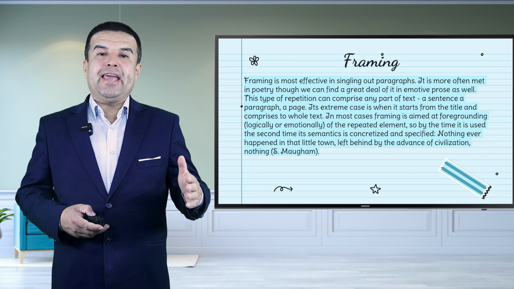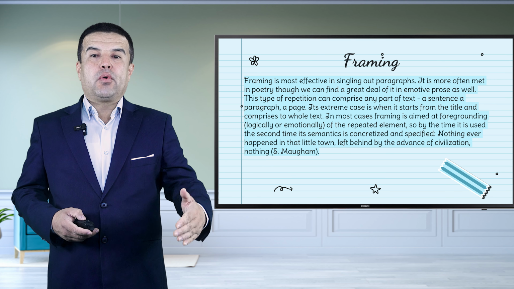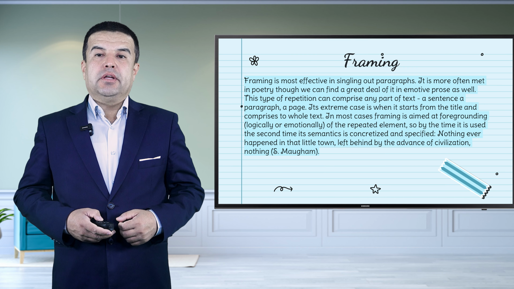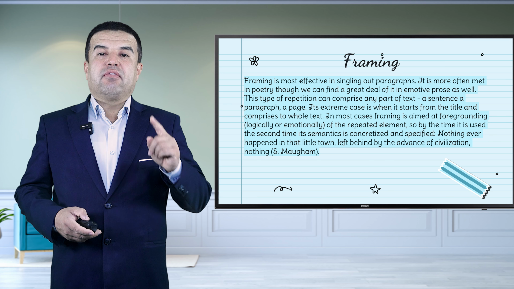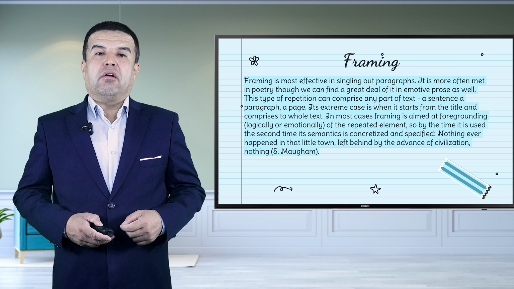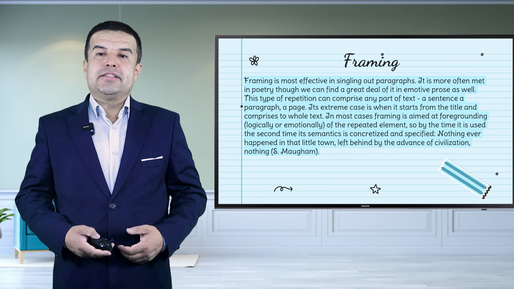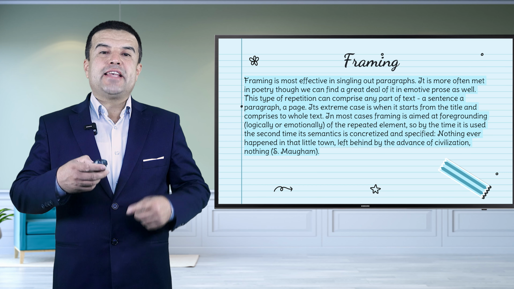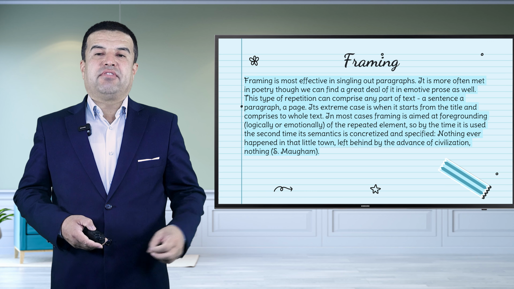The extreme case is when it starts from the title and comprises the whole text. In most cases, framing aims at foregrounding the logical and emotional meaning of the repeated element. So, by the time it's used the second time, its semantics is considered and specified.